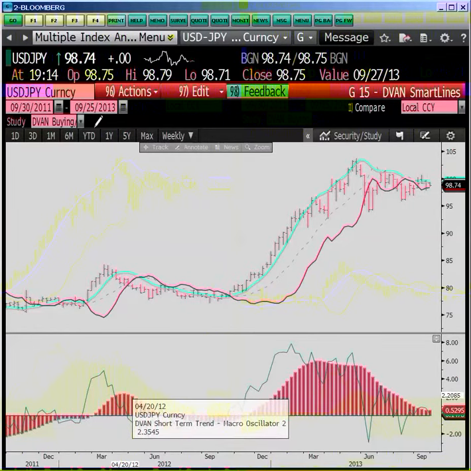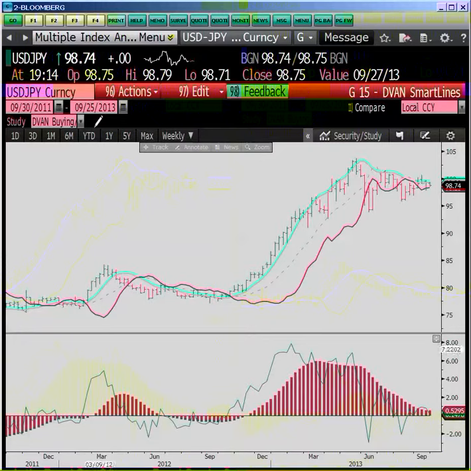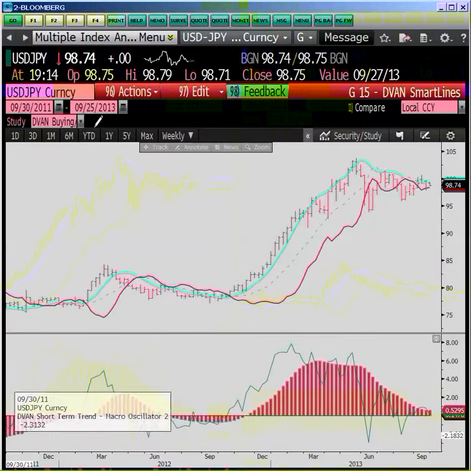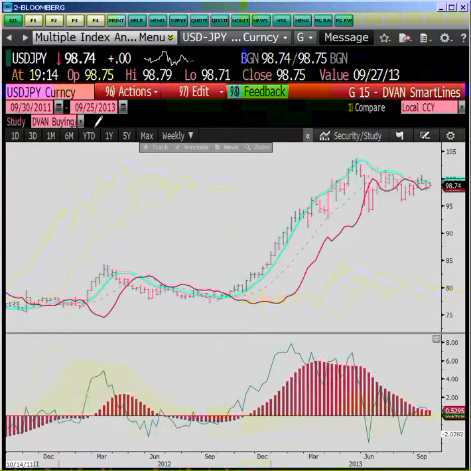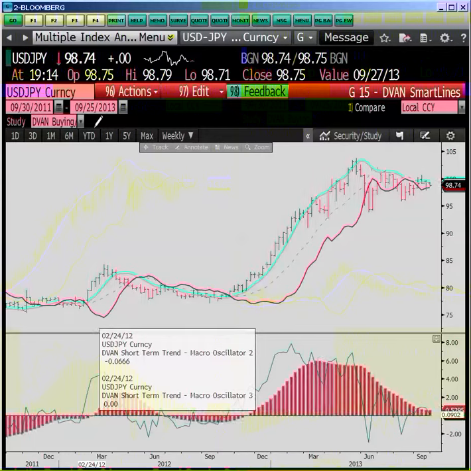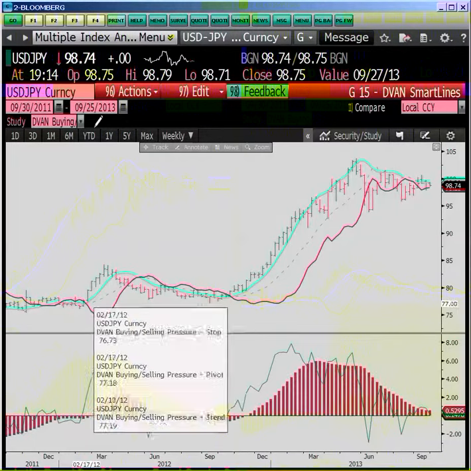Even in this sideways move, you see the short-term flow at this level decreasing, which means it's going up, and it flattens out, then goes through zero. This is the most important part right here.